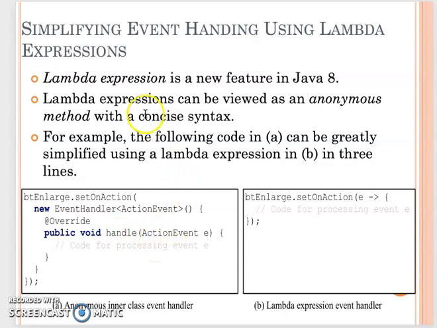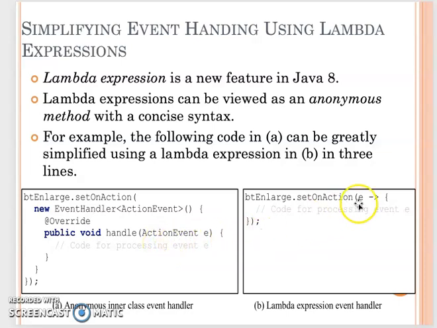That's why lambda expression only works on interfaces that have exactly one abstract method to implement. Since you only have one abstract method to implement, I don't even care about the method name anymore. They only care about the parameter list, then the method body, how to implement that method.